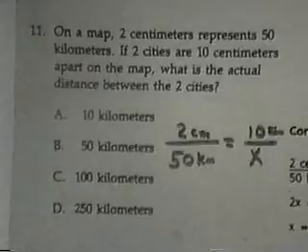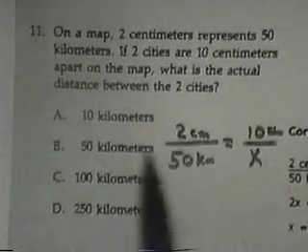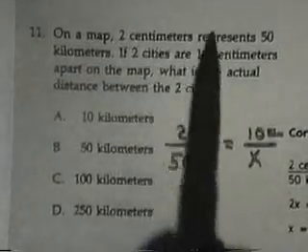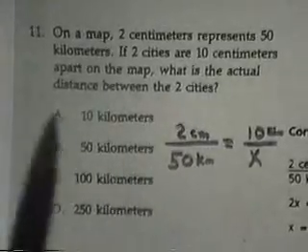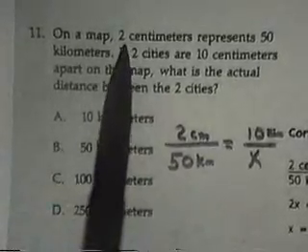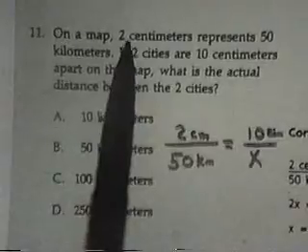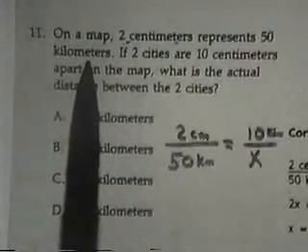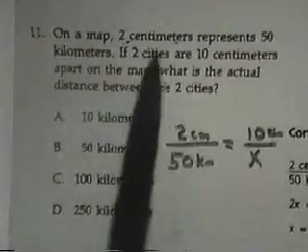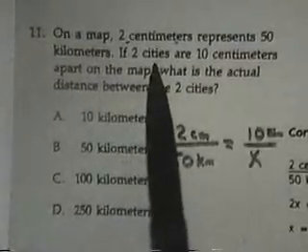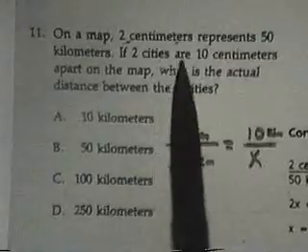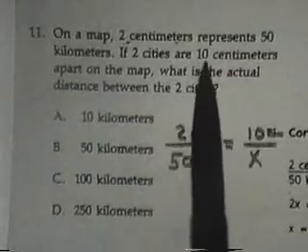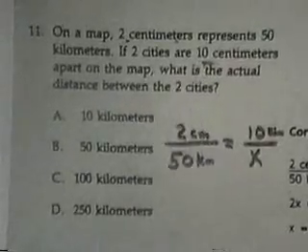on the ground? Now see, we got a lot of numbers in here. We got the number 2 and the 2 and the 2 and the 50 and the 10. What we've got to do is realize that this says that 2 centimeters represent 50 kilometers out on the ground. And then in this situation, the distance between the 2 cities is 10 centimeters on the paper.